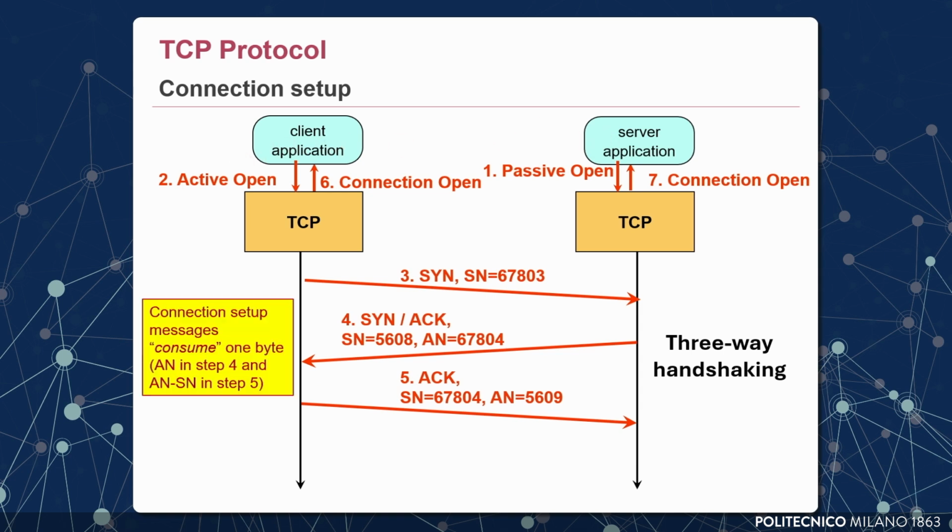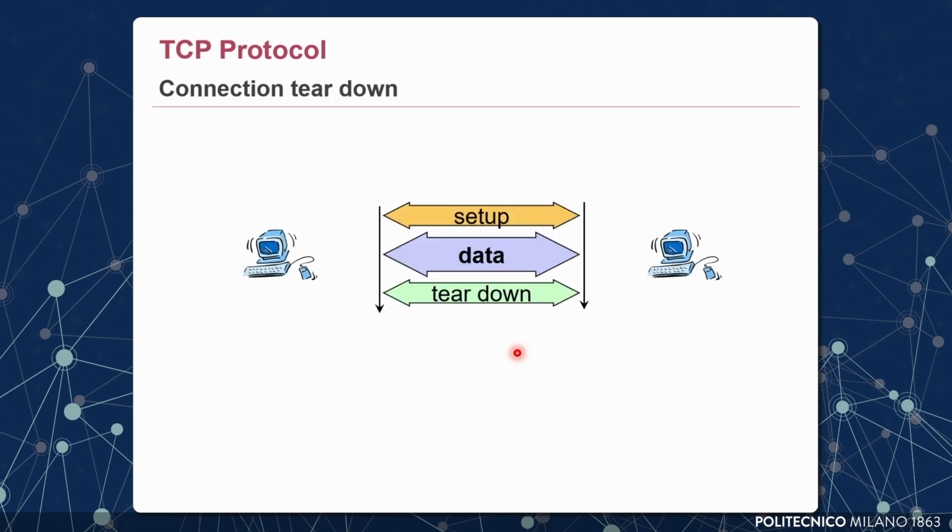In fact, the connection setup messages consume 1 byte, in this case the acknowledgement number in step 4 and the acknowledgement number in step 5, in which we send the information back and forth between the client and the server.